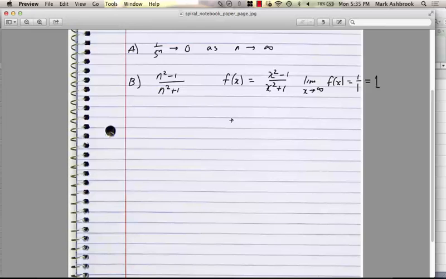Anyone do it a different way? So there's a technique that's going to be really useful on a lot of these problems. Anyone use it from Calc 1? Yeah, so L'Hopital's rule says that if you have the limit of a rational function, if it has the form 0 over 0, so let's review forms for L'Hopital's rule.